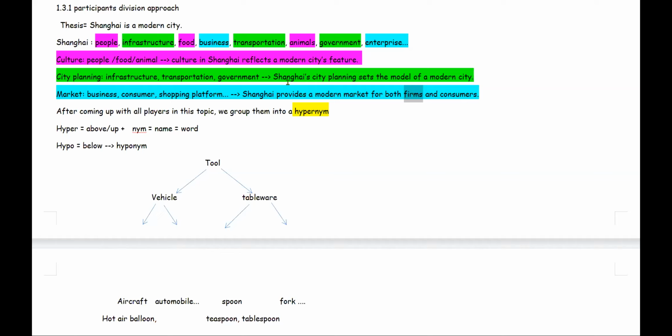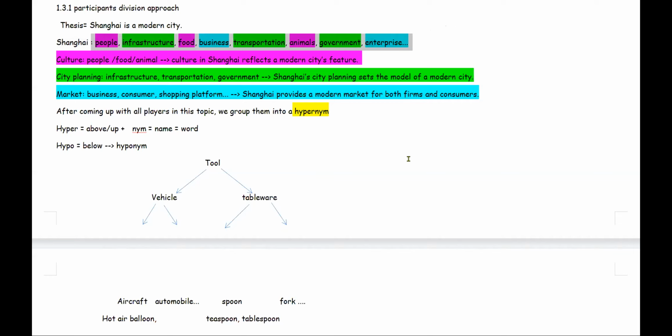So here we have three strong arguments that support our thesis that Shanghai is a modern city. And this will be a very coherent and logical argument, because these are the players we can identify.